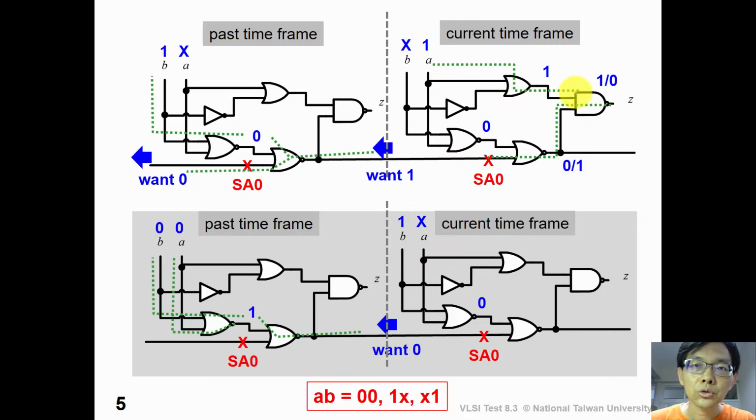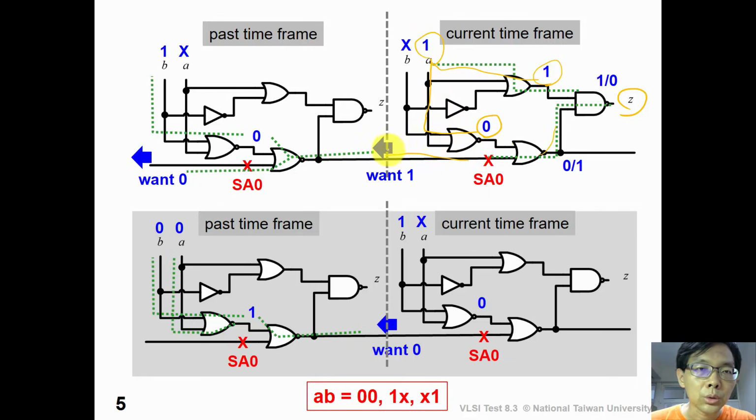Now let's try to generate a test using the EBT algorithm. From the primary output and this given path, we will need a 1 here, so we backtrace to input A. And now to sensitize this NOR gate, we will need a 0, which has already been achieved by A equal to 1.